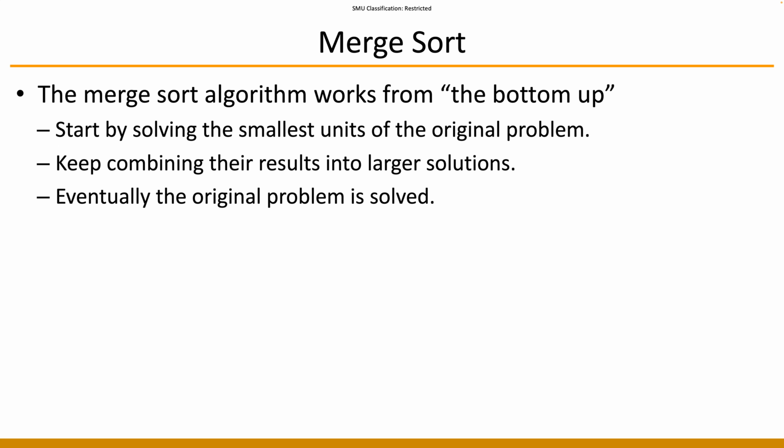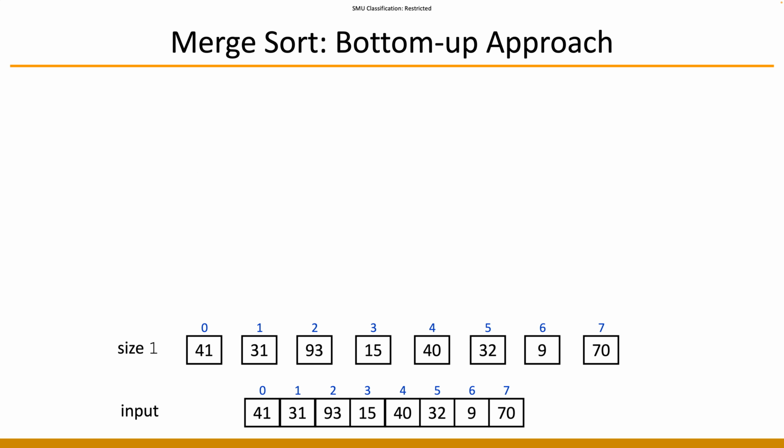All right, so the basic idea that we just described is a very bottom-up idea. We can visualize that a little bit. We use the smaller building blocks and gradually build larger and larger semi-completed solutions. Here is one example. The original input is a particular list that contains 8 different elements. The smallest possible unit will be a size of 1.